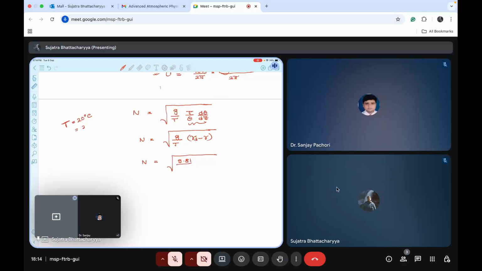So it should be 273 plus 20, which is equal to 293 Kelvin. And you have gamma d minus gamma, which is approximately 3.26 times 10 to the power minus 3 degrees Kelvin per meter, because I have taken 10 to the power minus 3.